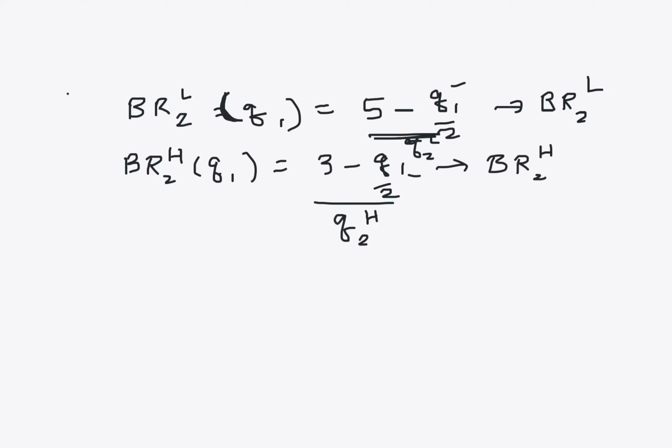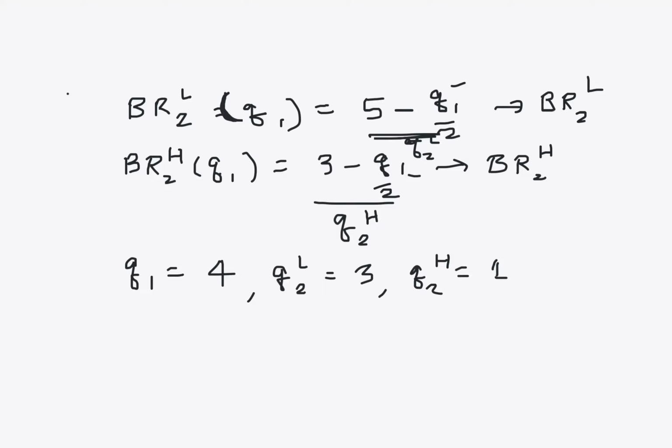If you do that, then Q1 is going to be equal to 4, Q2L is going to be equal to 3, and Q2H is going to be equal to 1.